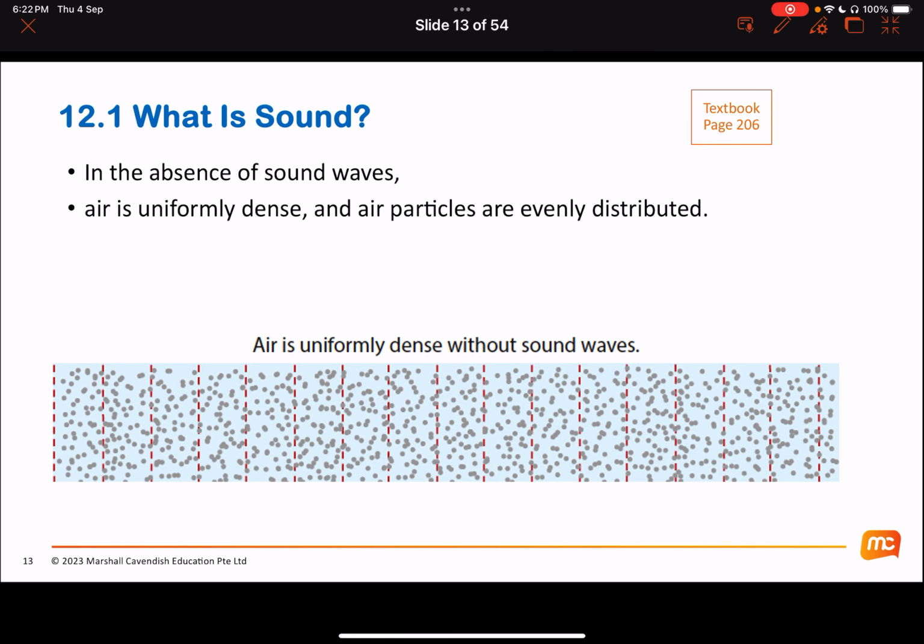Again, just to explain, in the absence of sound wave, the air is uniformly dense. Every part has a uniform density, and they are evenly distributed. Of course, not in a super neat way, but we can always mark out a mean position. These are the mean resting positions of the column of air molecules.